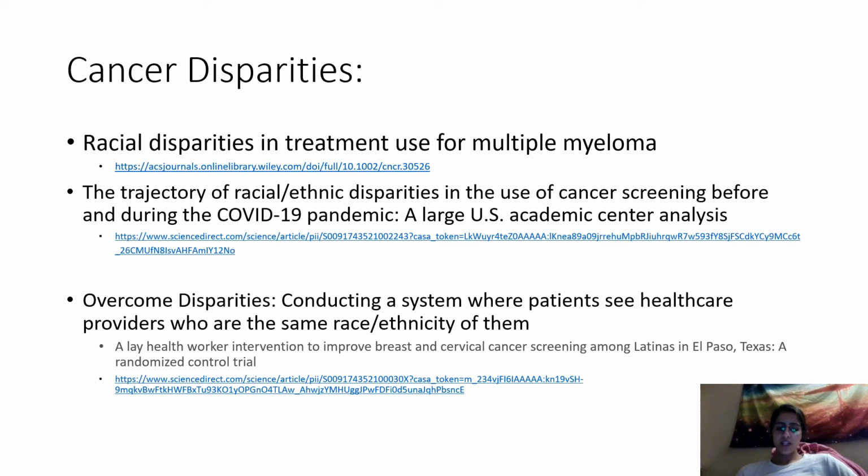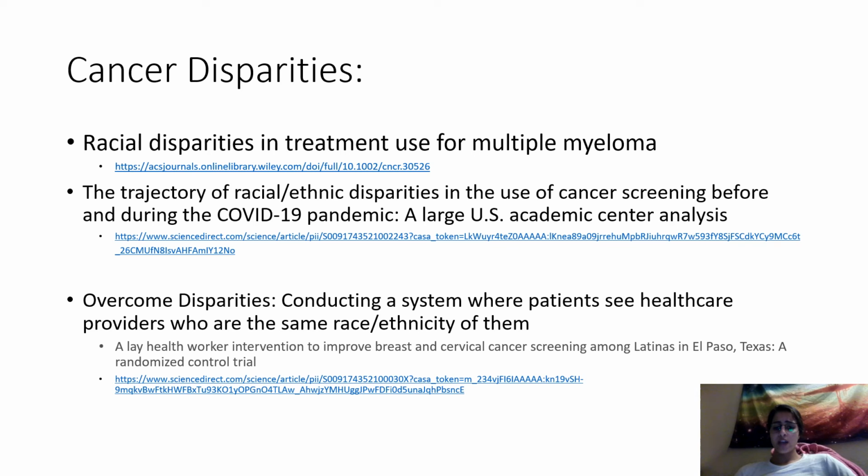Before the pandemic, Latinx and Black individuals were less likely to be screened for lung cancer than white individuals. During the pandemic, there was no significant improvement or worsening seen for lung cancer, but breast cancer screening for Latinx individuals was lower than before the pandemic.